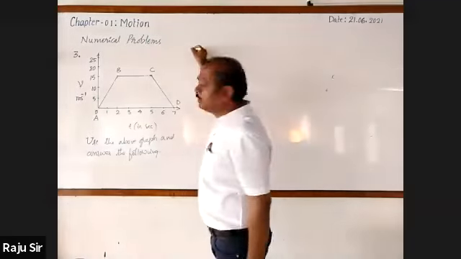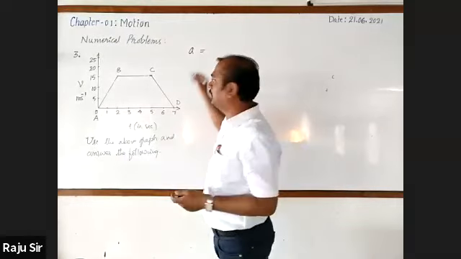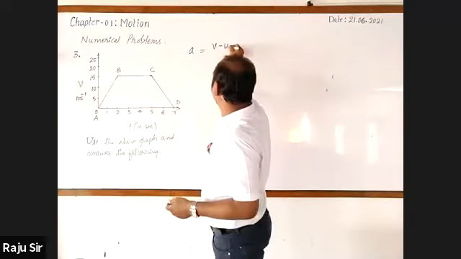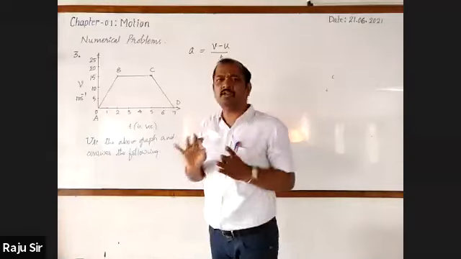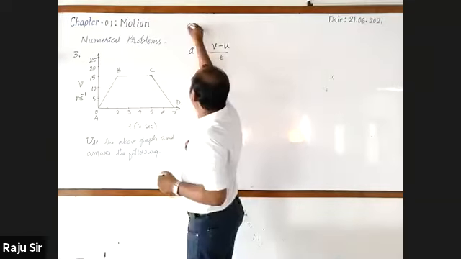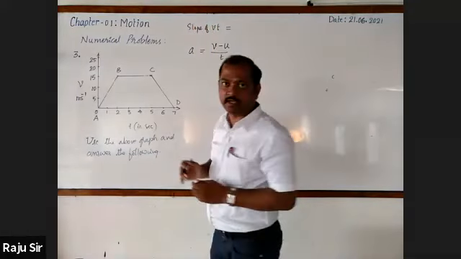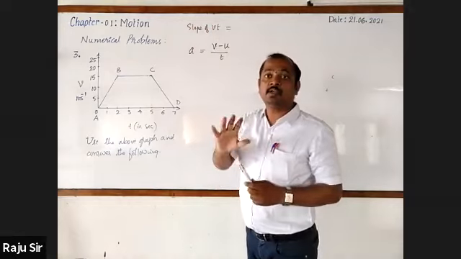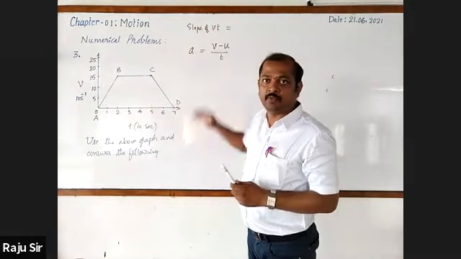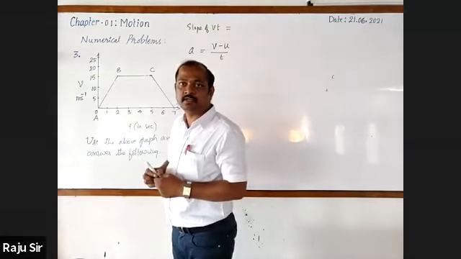Observe. You all know that acceleration of a body can be found out by using the formula a is equal to v minus u by t. This is the general formula. And you also know that slope of the v-t graph is acceleration. Slope is vertical distance by horizontal distance.